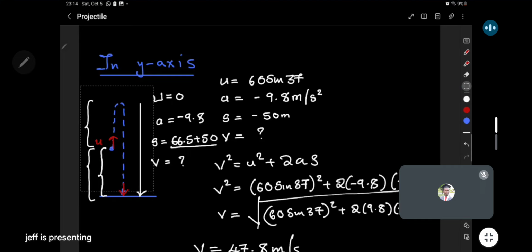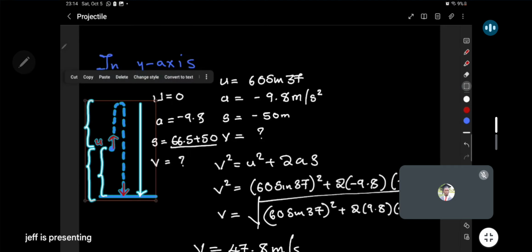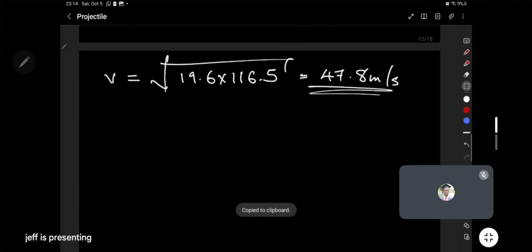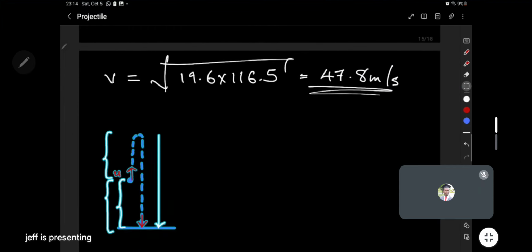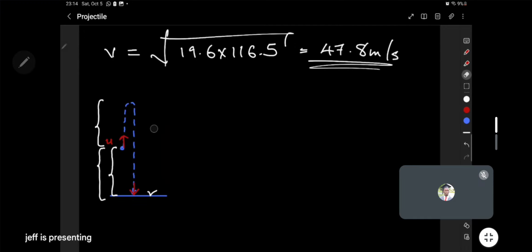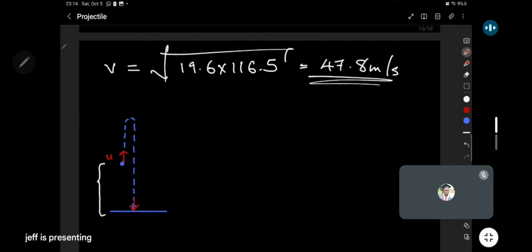So I'll do the one for displacement, the first method we used in the previous case.